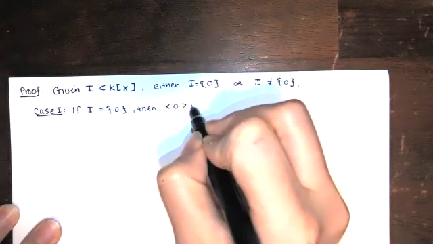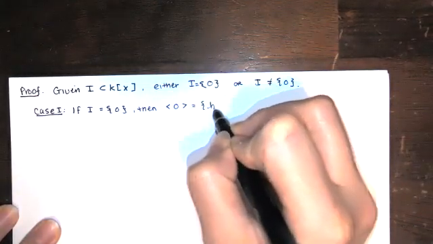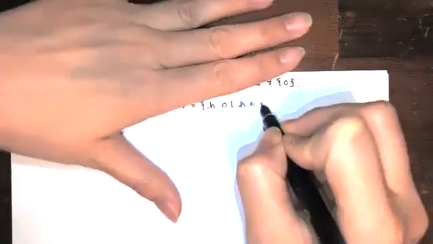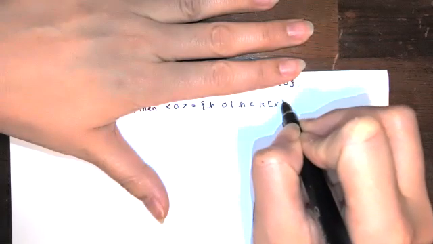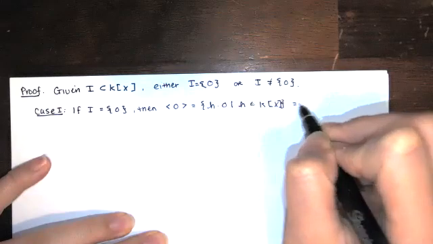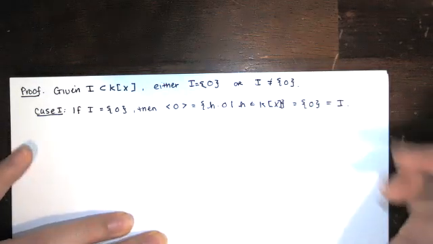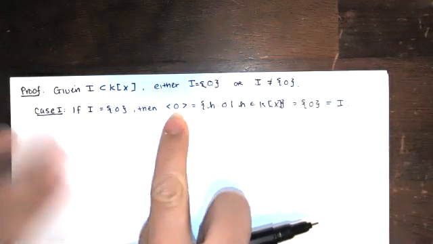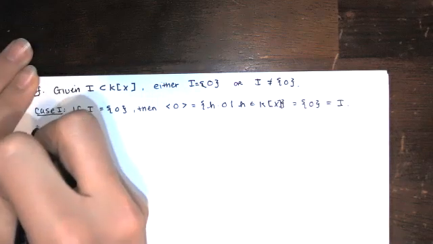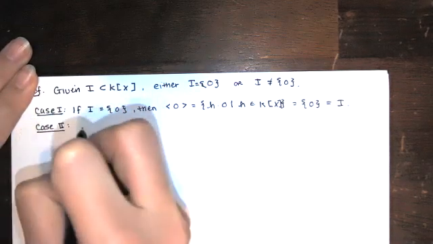The ideal generated by the 0 polynomial is the set of all polynomials h times 0, where h is in our polynomial ring. And of course, that consists of just the 0 polynomial. And so that's I. So I can be written in this way. So the corollary holds when we're talking about this particular ideal. Now let's look at a more general case.